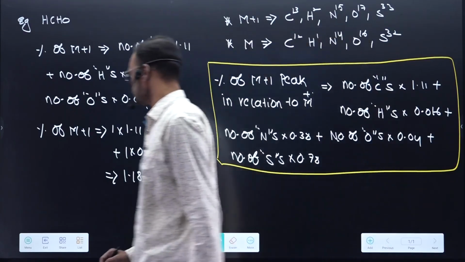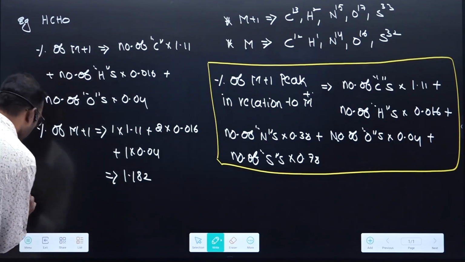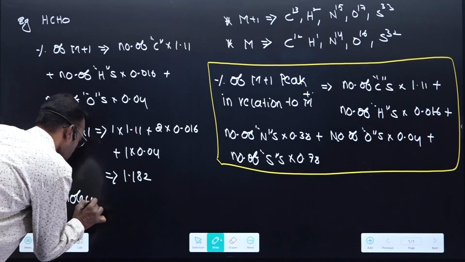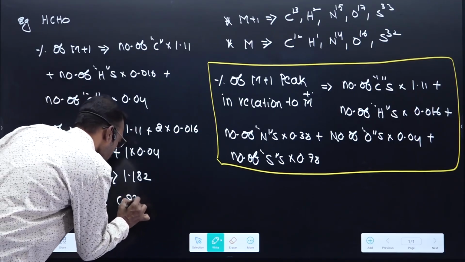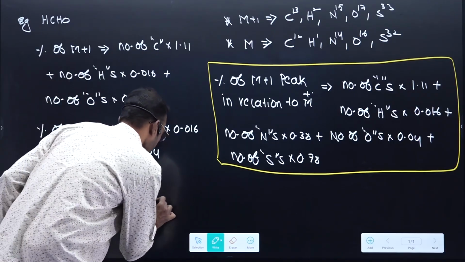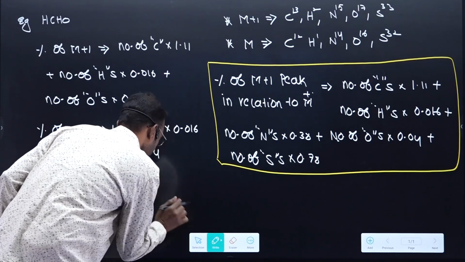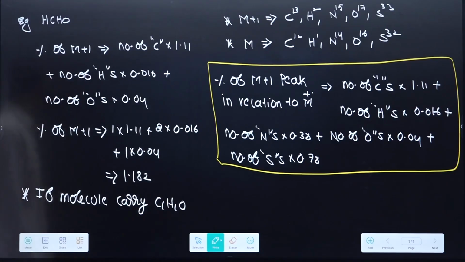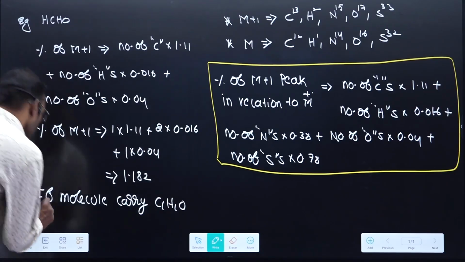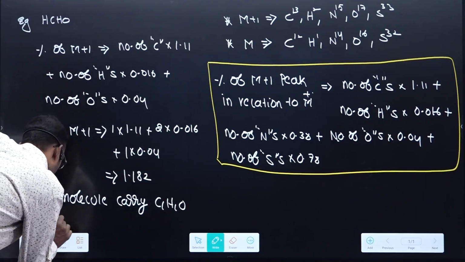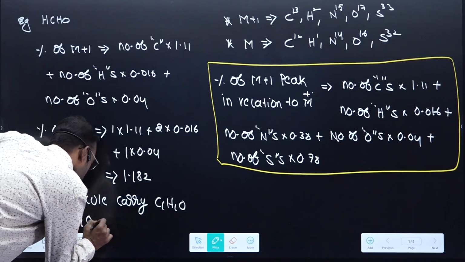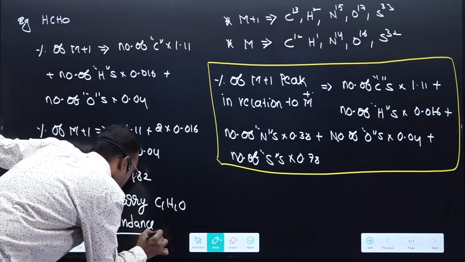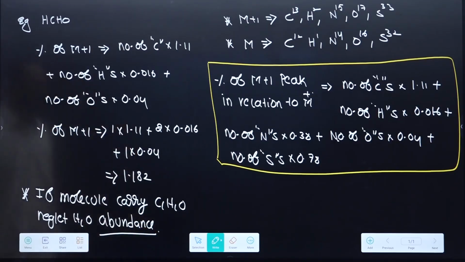So finally I can say, remember this point, if any molecule carries only carbon, hydrogen, oxygen, neglect hydrogen and oxygen abundance. You need to neglect these two abundances.